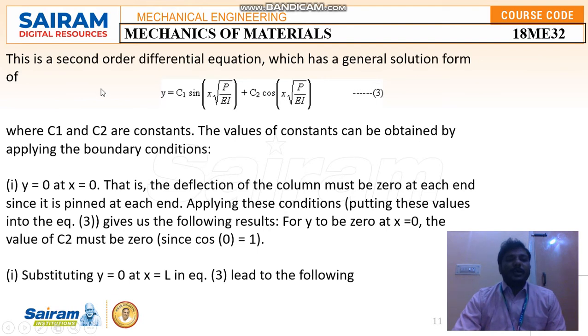Now, what happens when we consider that equation? This is a second order differential equation, which has a general solution of the form y equals c1 sine of x root of P by E I, plus c2 cos of x root of P by E I. Here c1 and c2 are constants, P is the critical load, E is Young's modulus, I is the moment of inertia, and y is the deflection.